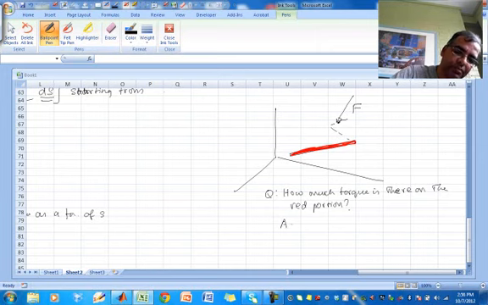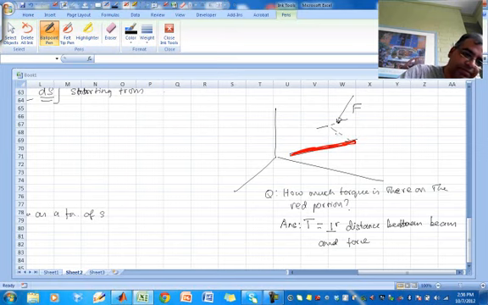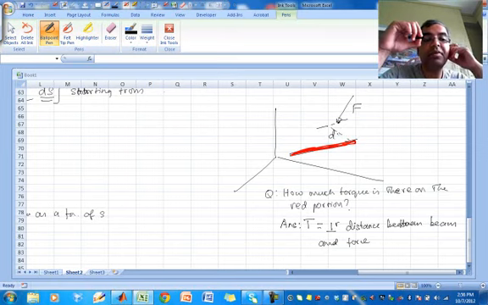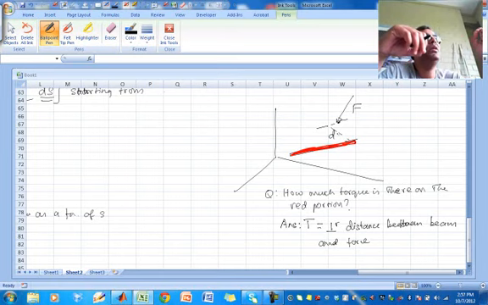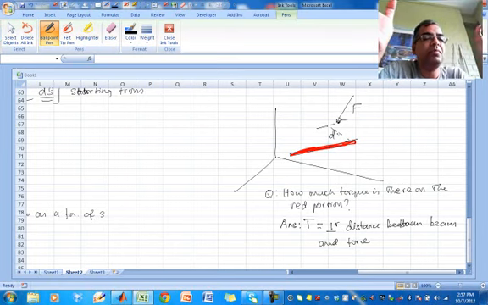Answer: torque will be equal to the perpendicular distance between beam and force, which means it is this distance. Perpendicular distance means the shortest distance between the point of application of the force and the beam.